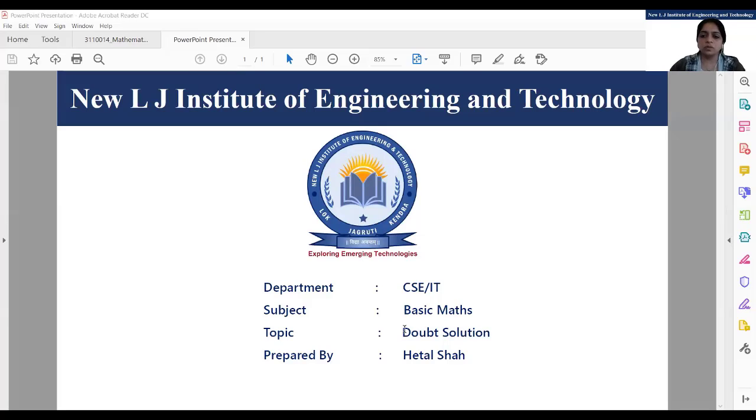Our today's session is a doubt solving session, on what we learned in our previous basic maths lecture, the ninth lecture. If you have any doubt, you can raise your hand. I will ask you one by one and solve your doubts.